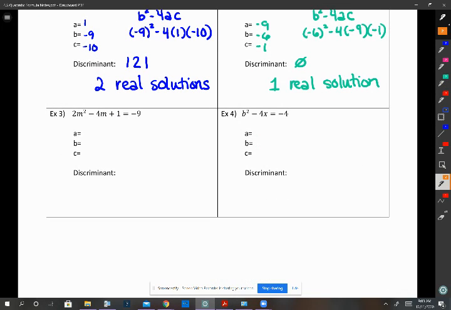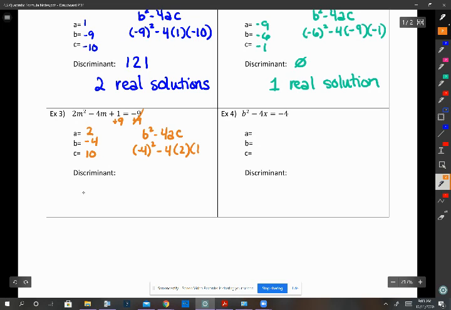So example 3, a is 2, b is negative 4. Notice with my c, it's not set equal to 0, so I have to move that before I can get my new c value. My c value is 9 plus 1, which is 10. You need to make sure that it's set equal to 0, or you're going to have to do that extra step. So we've got b squared minus 4ac. b is negative 4, 4 is always 4, a is 2, and c is 10.